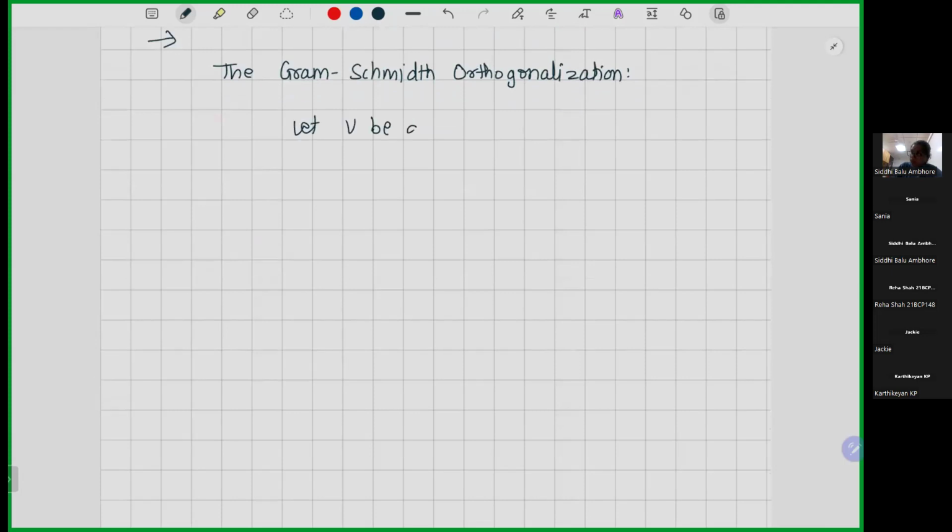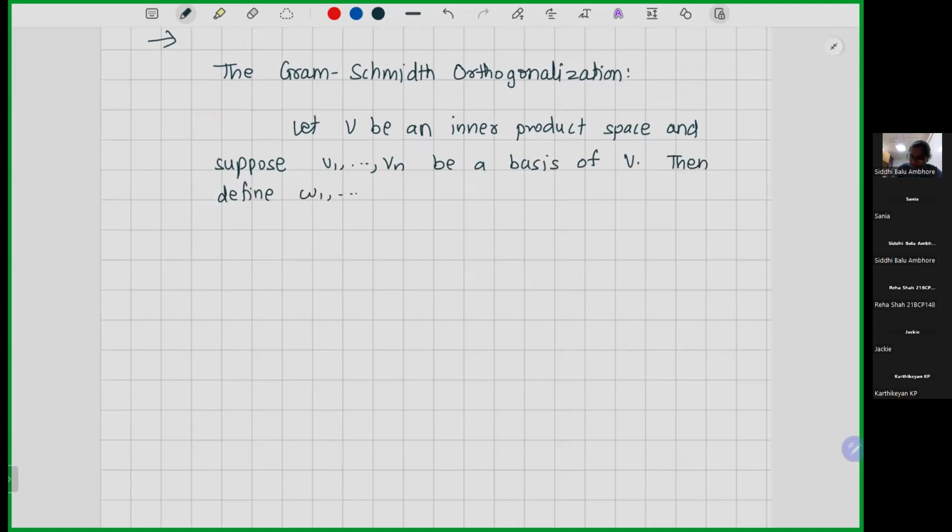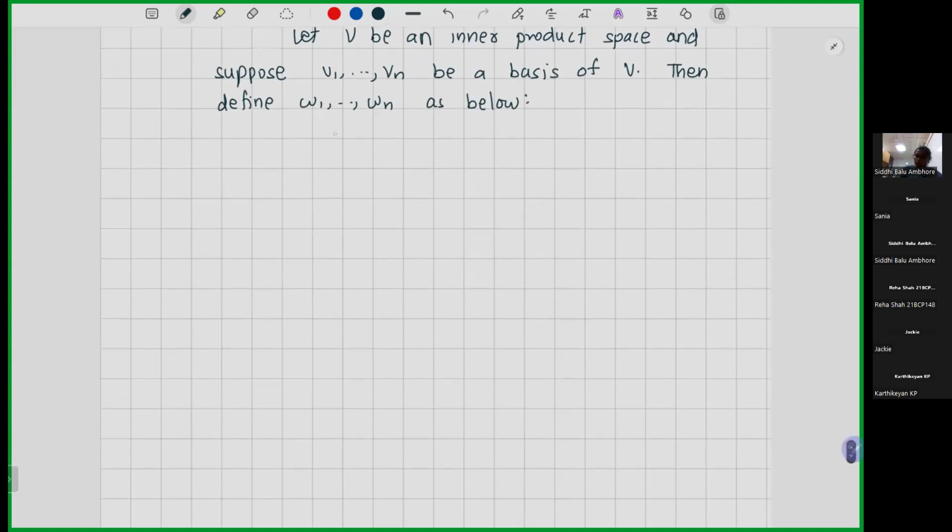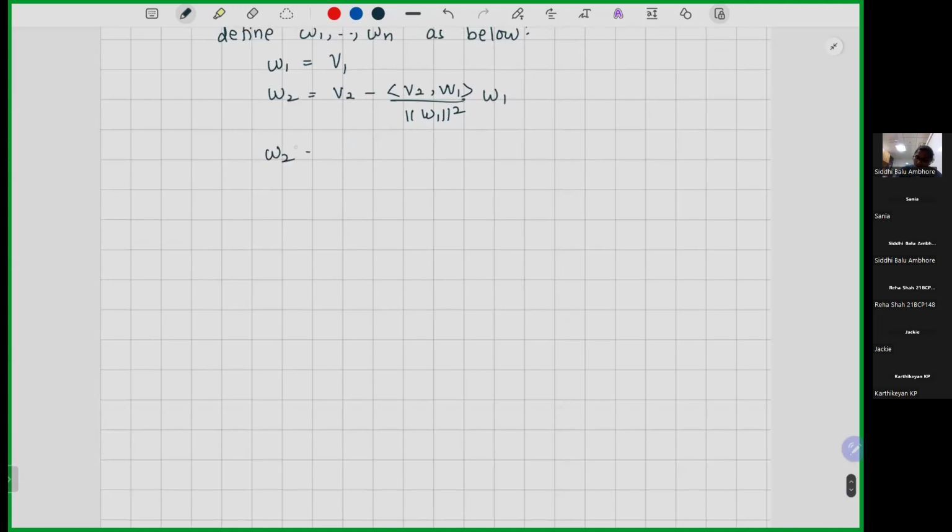Let V be an inner product space and suppose V1 to Vn is a basis of V. Then we define the vectors W1 to Wn as below, where W1 is V1 and W2 is V2 minus the inner product of V2 with W1 divided by norm of W1 squared, times W1, and so on.